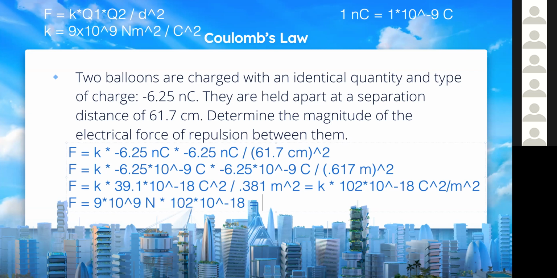So now we're just left with newtons, and we've got 9 times 102, which is 918, and we've got 10 to the ninth times 10 to the negative 18th. So what does that get us? 10 to the ninth times 10 to the negative 18th. That's 10 to the negative ninth, beautiful.